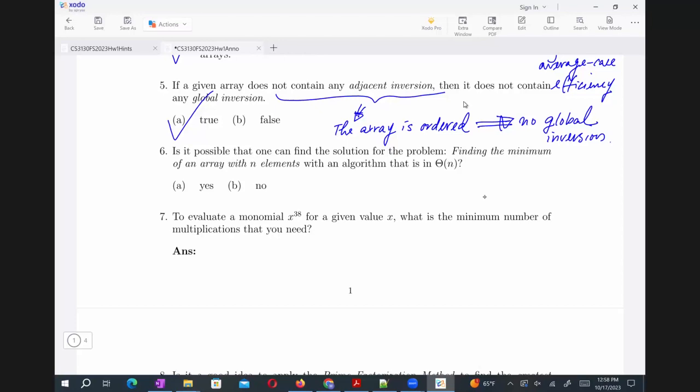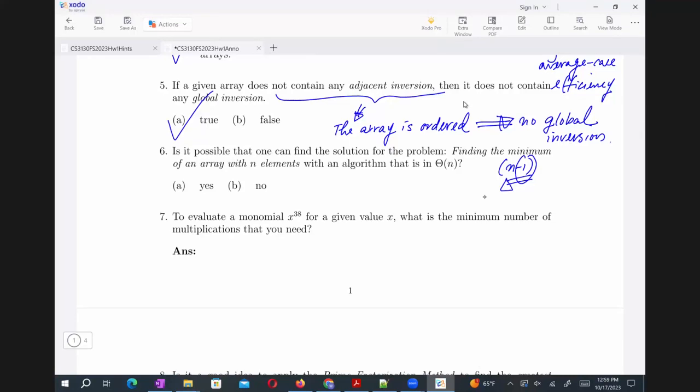Finding the minimum of an array with n elements. We know we have to do n minus 1 comparisons. That's the absolute, accurate answer. But when you use asymptotic notations, you ignore the minor terms, and you can also ignore the leading constant.